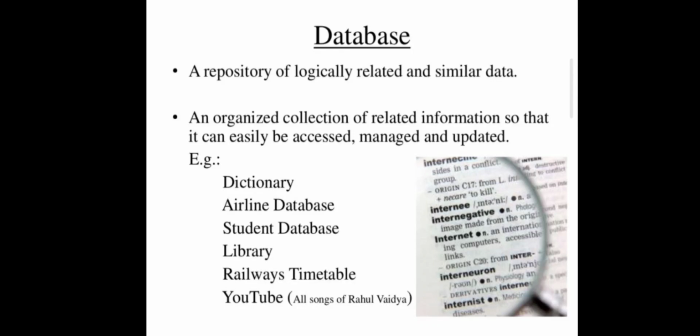For example, dictionary, airline database, student database, library, railway timetable. In the student database, we can store the total information of a student, like university roll number, class roll number, name, father's name, mother's name, contact number, address. All are stored in the database. That is the student database.